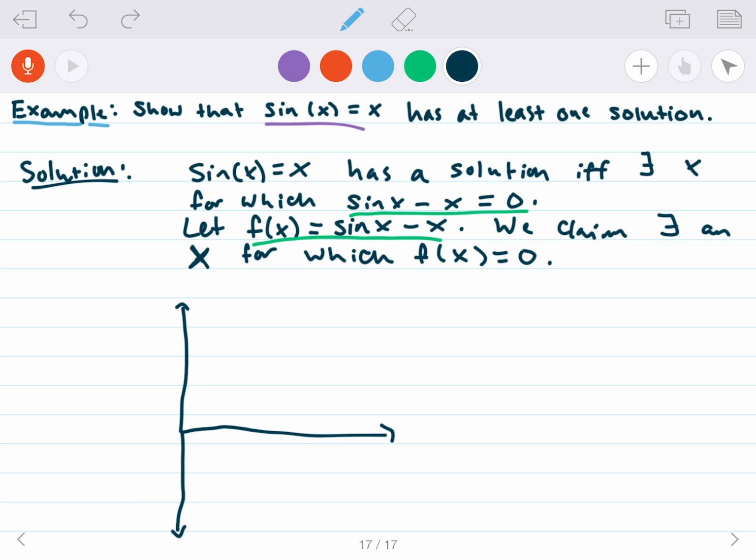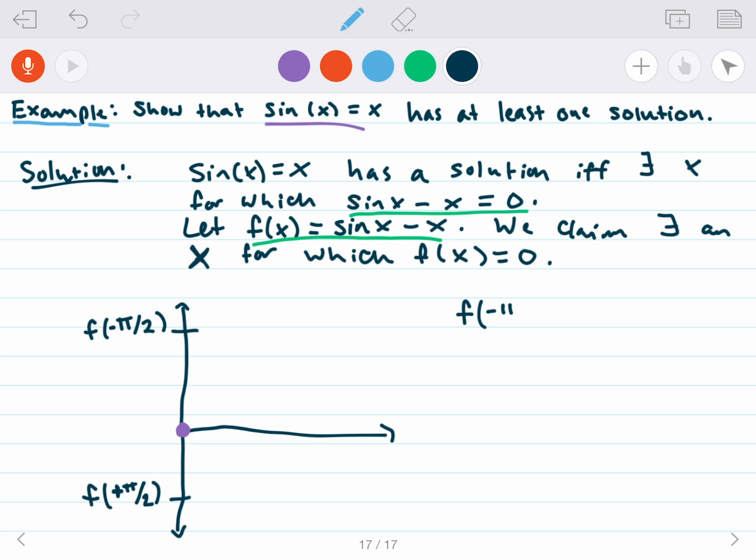I meant to say f of negative pi over 2, and then f of pi over 2. And we can see that 0 is going to be between those guys, and so by the intermediate value theorem, it has to have a solution. Now, let's actually prove that I drew this picture right. And actually, I drew it backwards. This is going to be negative pi over 2, and this is going to be positive pi over 2.